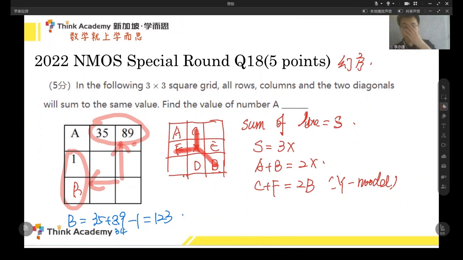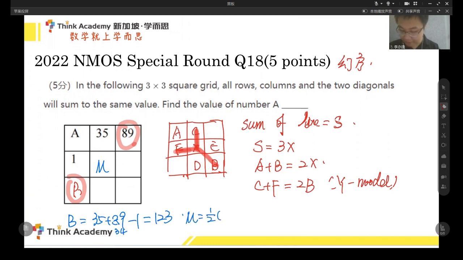Then after we get the number B, in this diagonal we can use conclusion 2 to get the median number, right? The median number may be named M. Then M should be half of this 1, 2, 3 plus 8, 9, which should be maybe 2, 1, 2.